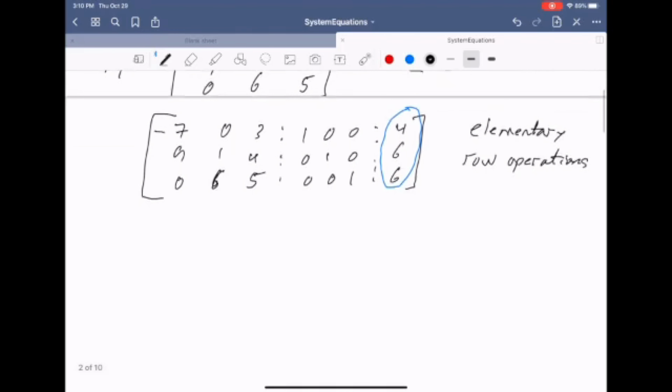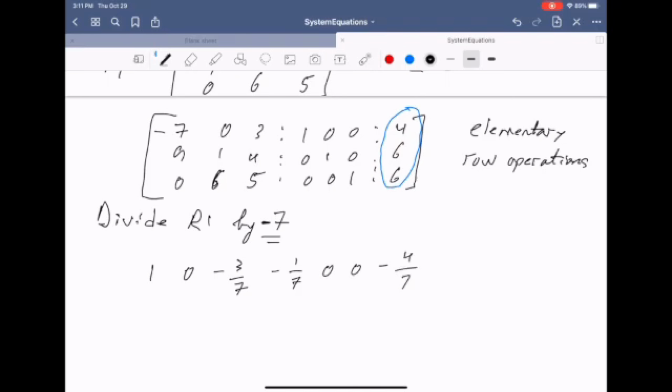So the first thing we're going to do is divide this first row by minus 7. So divide row 1 by minus 7. All right, so that gives us 1, 0, minus 3 sevenths, minus 1 seventh, 0, 0, and minus 4 sevenths.